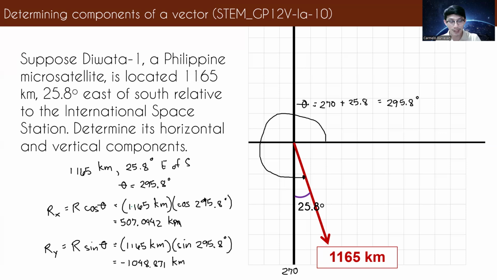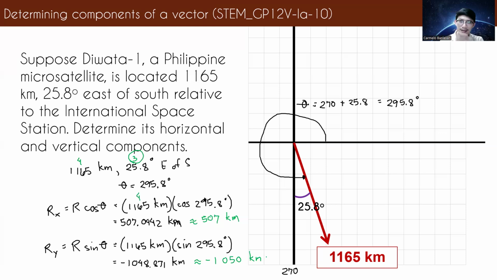So here there are 4, in 25.8 there are 3, in 1,165 there are 4. So we need only 3 significant figures. So this should be 507 kilometers. And this should be negative 1,050 kilometers. Don't worry, we'll discuss that during our next meeting.